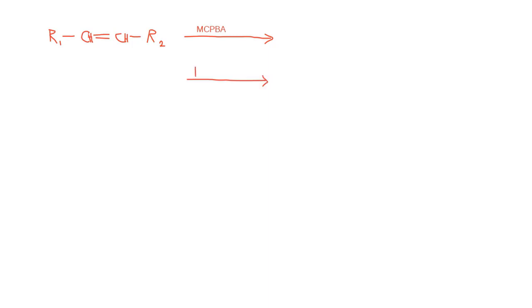Sometimes it'll just simply be written alternatively as R C double bond O O O H, or sometimes even more simply as RCO3H. Any of those are basically shorthand for some sort of a peroxy acid.